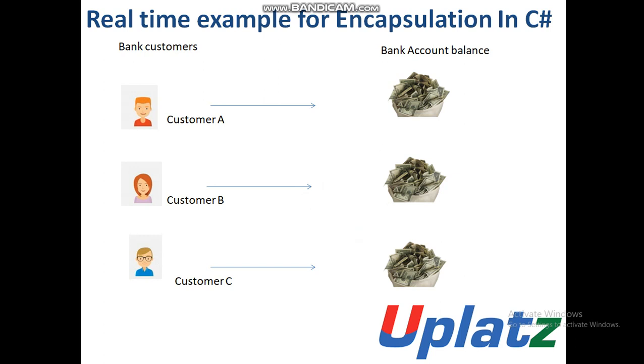A can only see his own account balance. If A tries to see B and C's, that is not secure.